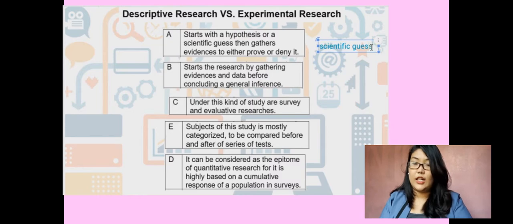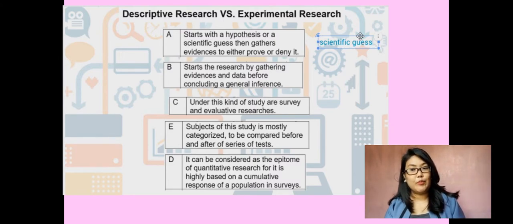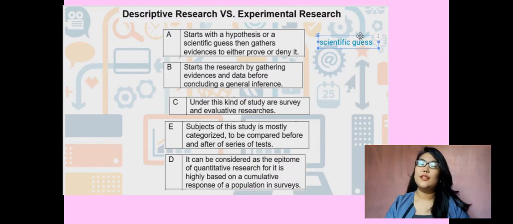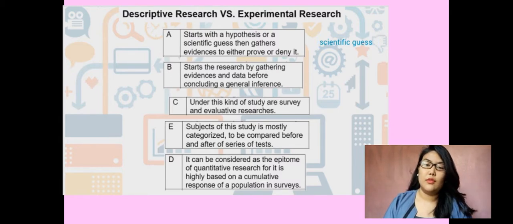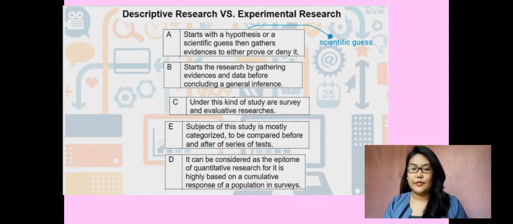From the word itself, guess, so not yet. Therefore, could it be proven easily? When you guess, would it be proven instantly? Agad-agad ba? Of course not. So what happens first? You try to guess first and then try to prove or deny it.